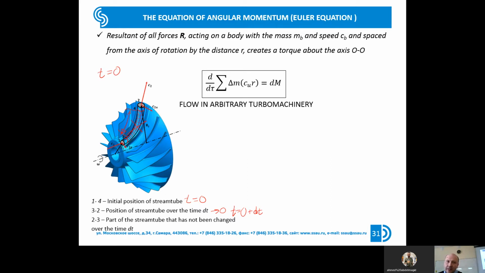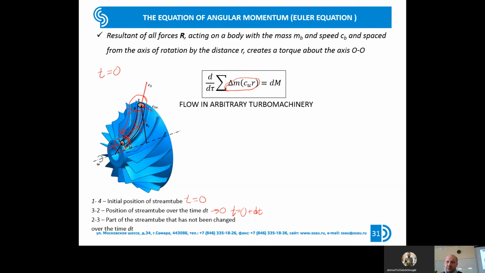And for us, we need to write this equation for this mass and for this mass. So it means we need to write how the angular momentum changes for this mass and for this mass.